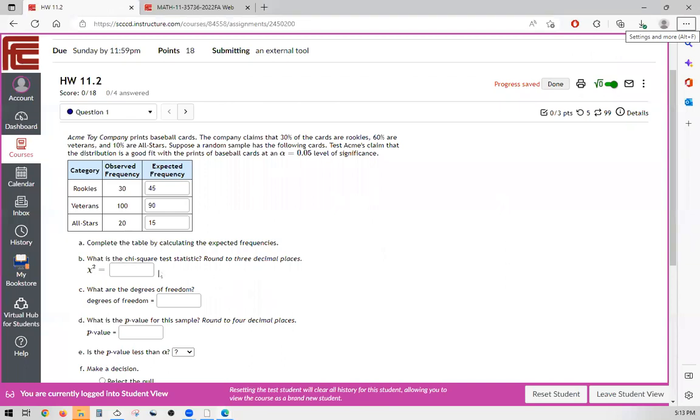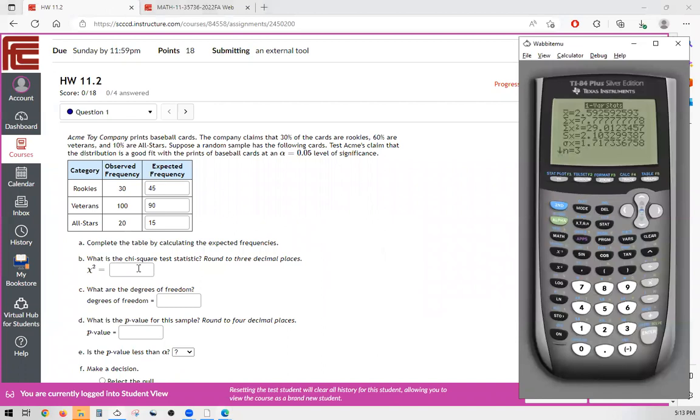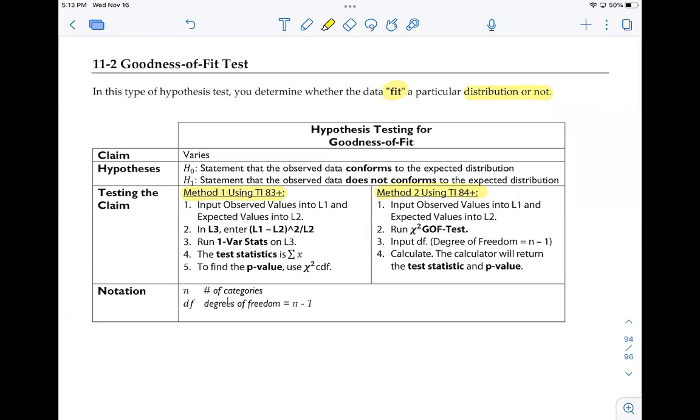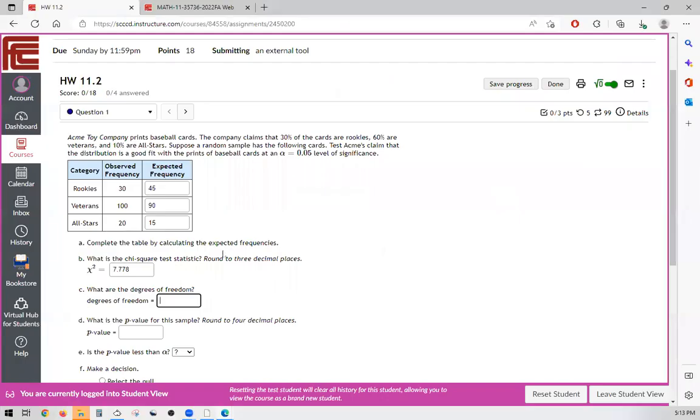It says round to 3 decimal places, so 7.778. The degrees of freedom, if you look back at the notes, is n minus 1, where n is the number of categories. In this case, there are 3 categories, so the degrees of freedom would be 3 subtract 1, which is 2.